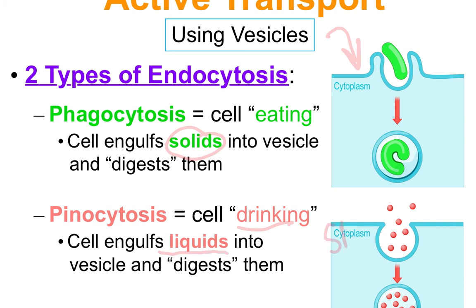These are usually smaller parts, and there's a lot of them. And so all of these tiny parts will be engulfed into one vesicle, I might add, which is why they call it drinking. Where phagocytosis usually involves a much larger particle, hence the word engulfing and eating.